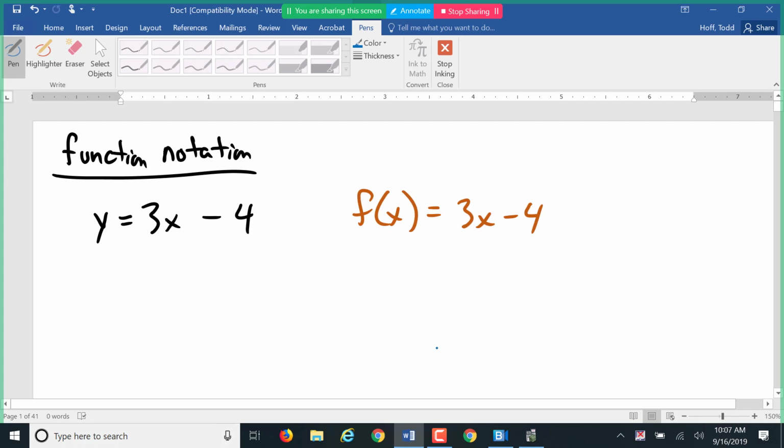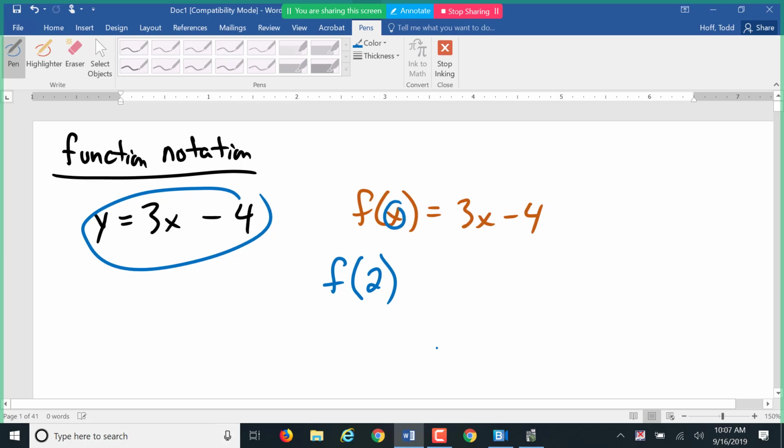Using function notation allows us to do a couple of things. First of all, it's telling us that that's a function. Second, it allows us to do this. We might ask, what is f of 2? When we say f of 2, notice we've replaced x here with a 2.